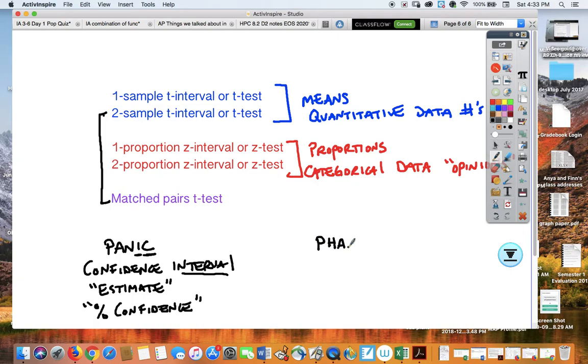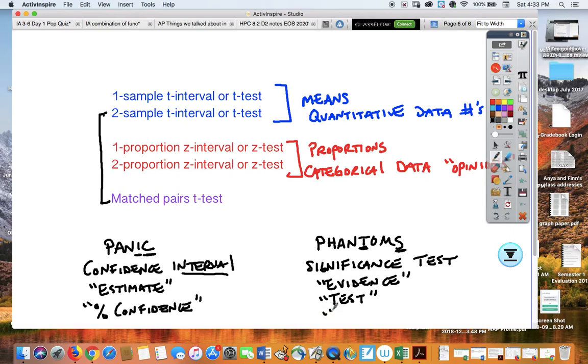Phantoms is when you are doing a significance test. And in the word phantoms, there's an S for significance and a T for test. Significance test. Do this if they are asking you if there is evidence for anything. Do this if they use the word test.